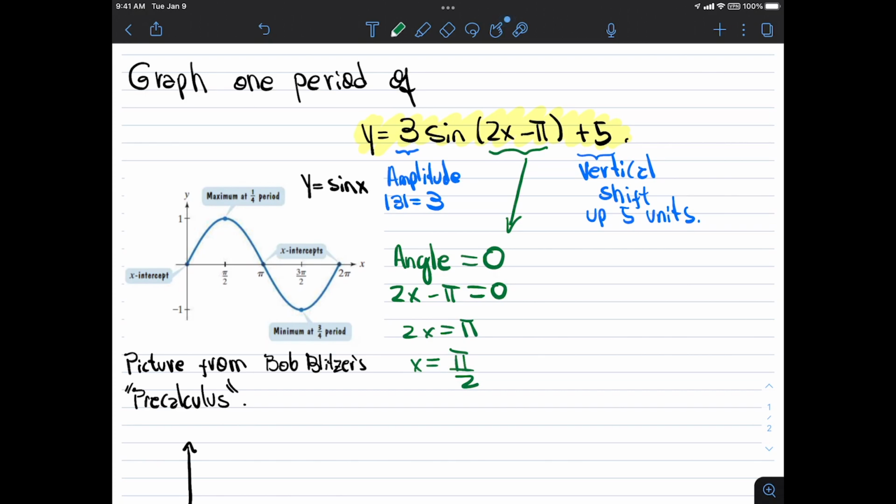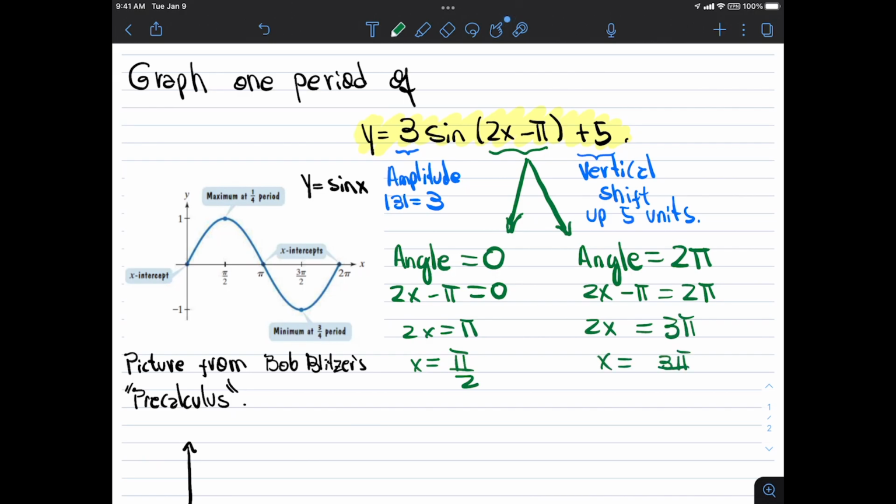And then my other important information from the inside of the sine function is when does the period end? Here we go from 0 to 2 pi, so the period is going to end when the angle is 2 pi. So I'm saying 2x minus pi equals 2 pi. So that's 2x, add the pi, so I get 3 pi, divide by 2, and that's 3 pi over 2.